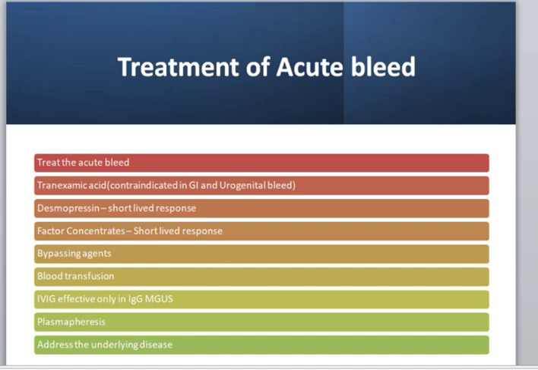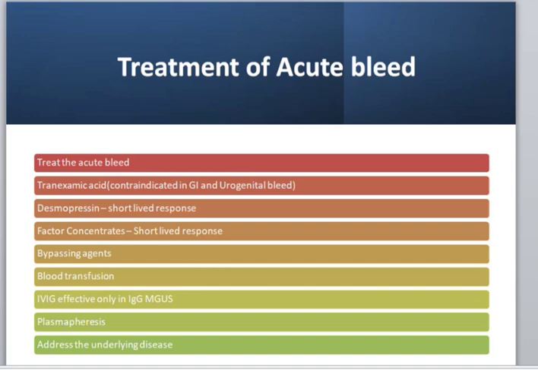IVIG, we mentioned, plasmapheresis for IgM type MGUS because of the hyperviscosity, and if there are other causes of acquired von Willebrand disease, like if you have essential thrombocythemia, then do plateletpheresis.